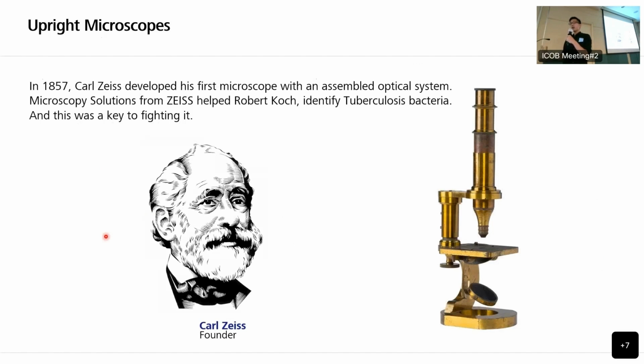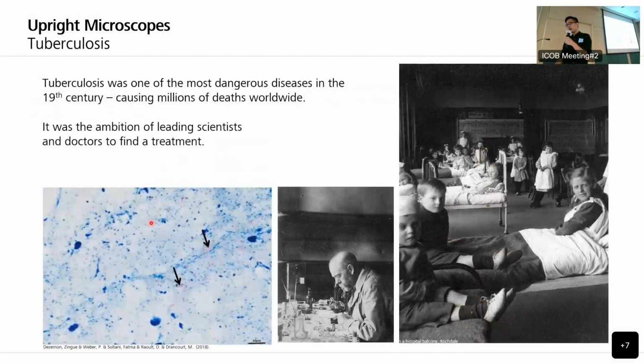Without standardized microscopes in the 19th century, doctors or other physicians could not understand what the syndrome was. You can see under the bright field microscope, the arrow points to the bacteria which cause tuberculosis.